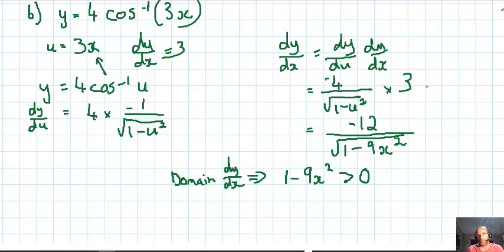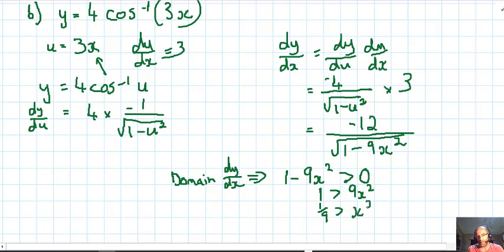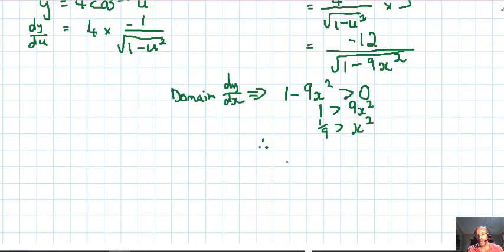So we add 9x squared to both sides. So 1 must be greater than 9x squared, and divide both sides by 9, and 1/9 must be greater than x squared. Thus, x must be greater than negative 1/3.